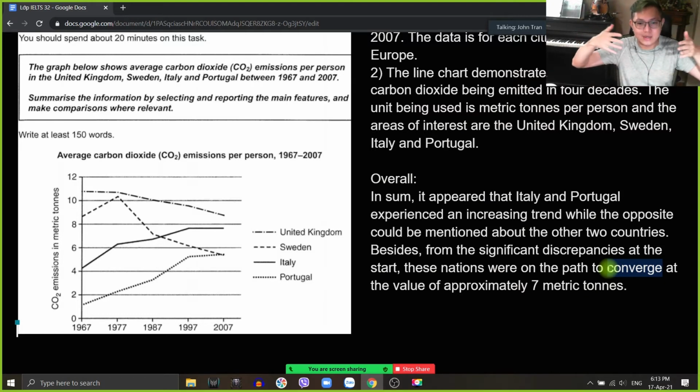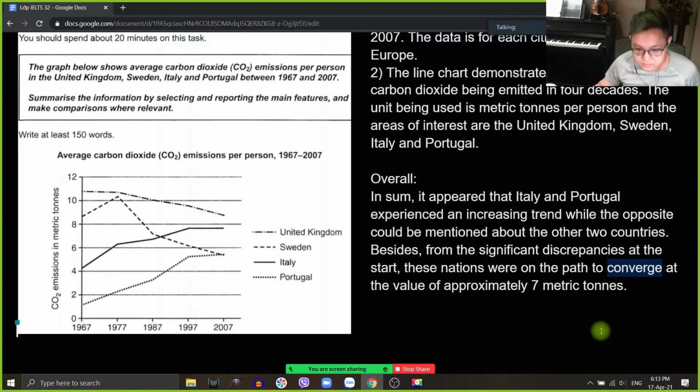From different directions they come together at one point. Converge là hội tụ. Những đất nước này đã trên một cái con đường để hội tụ ở cái giá trị xấp xỉ là 7 metric tons. At the end. And you should say at the end to be clear. Các bạn nên nói là ở lúc cuối để cho nó rõ ràng là lúc nào thì nó hội tụ lại.